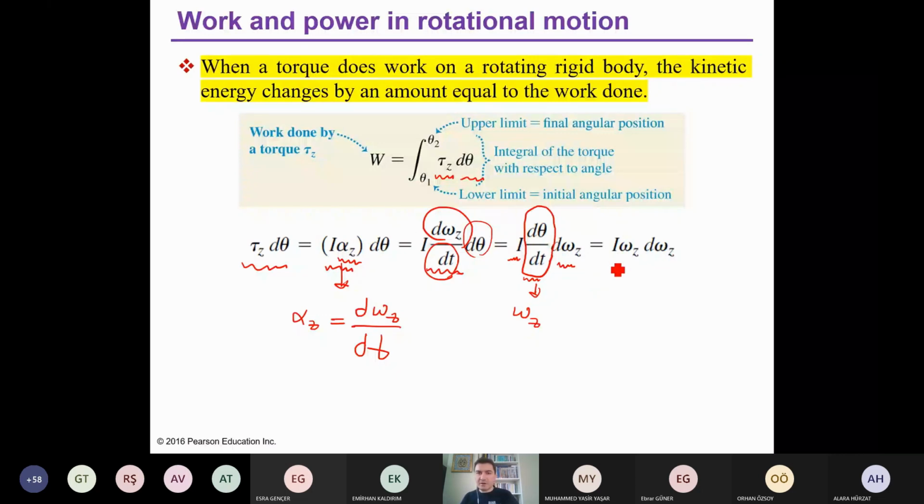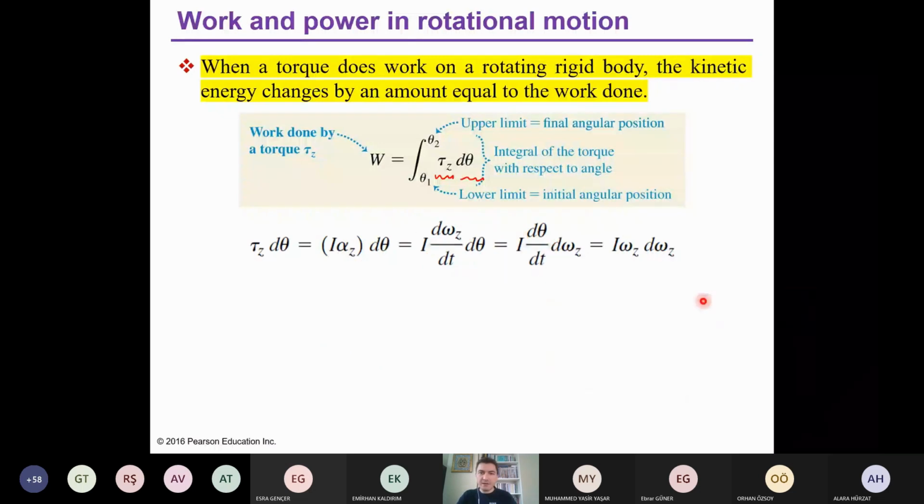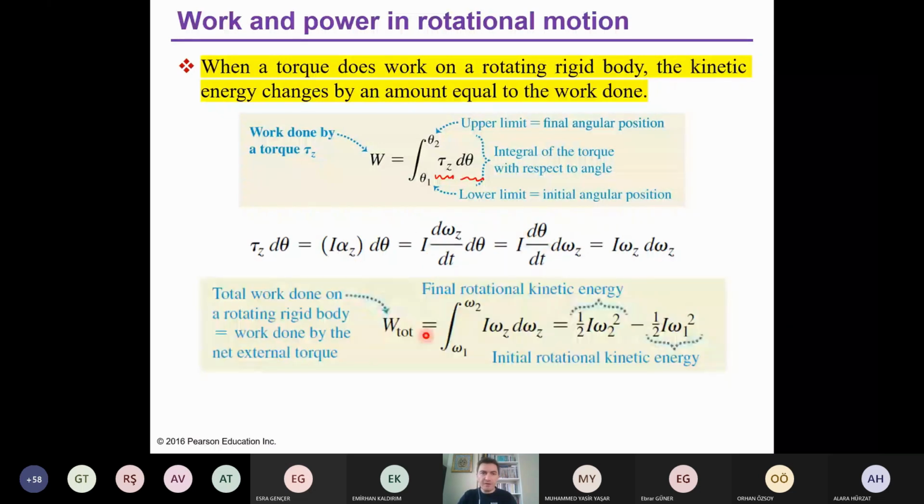Let me clean this part and continue. Then, instead of torque times d theta within this integral, just use this expression. Take this one, put it in this integral. Then here we have W, the total work done on a rotating rigid body, the work done by the net external torque, can be written in this form.